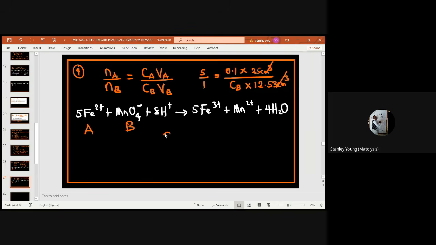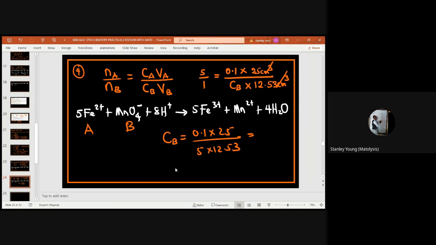So from there, CB is going to be, making it the subject, 0.1 times 25 divided by 5 times 12.53.